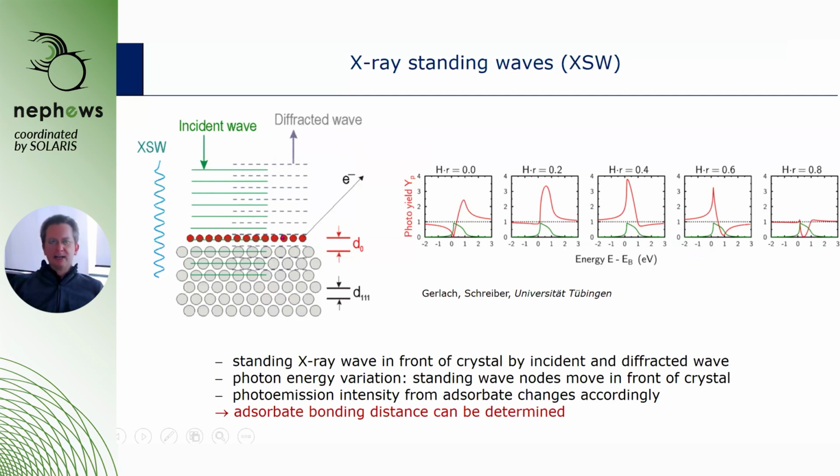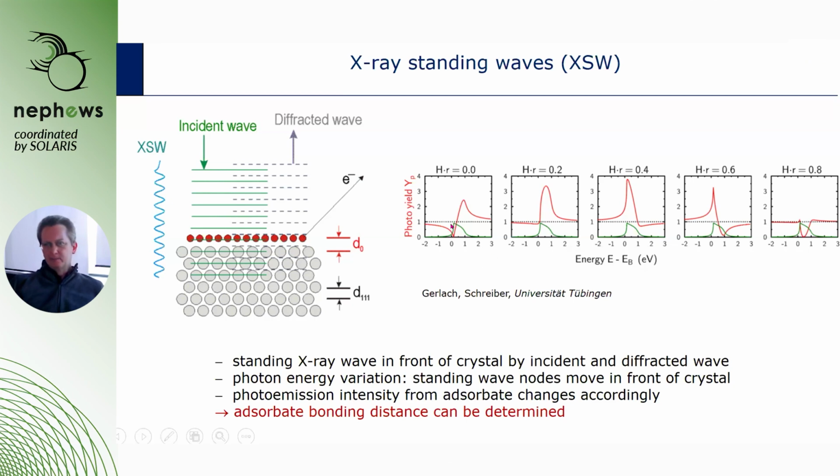And depending on where your adsorbate is, it can lie then in a node or in a maximum of that standing wave. And if it's in the maximum of a standing wave, the photoelectron yield from a certain element will be enhanced. Otherwise, it will be reduced.